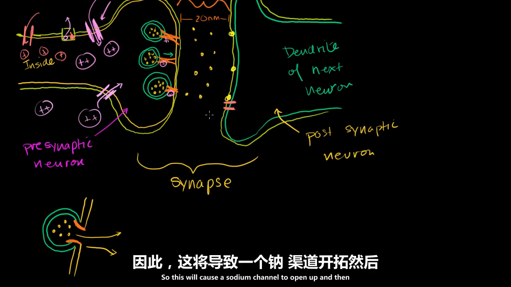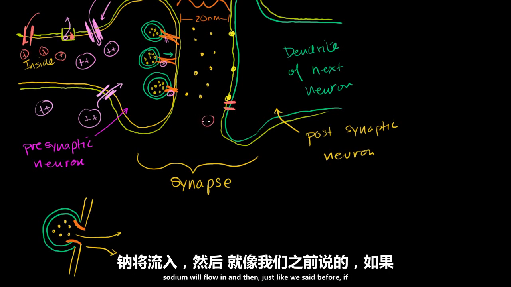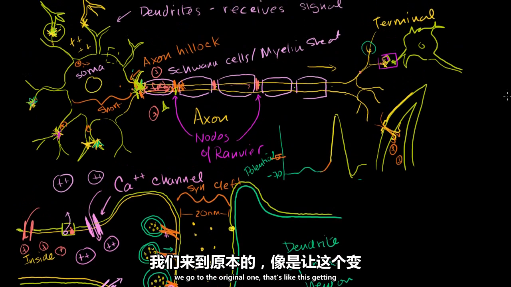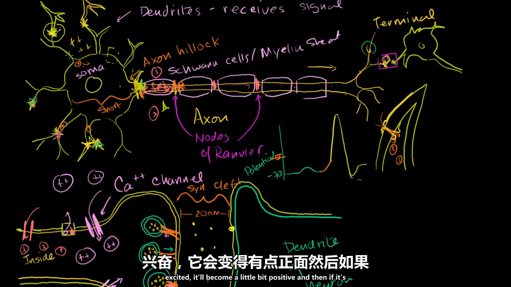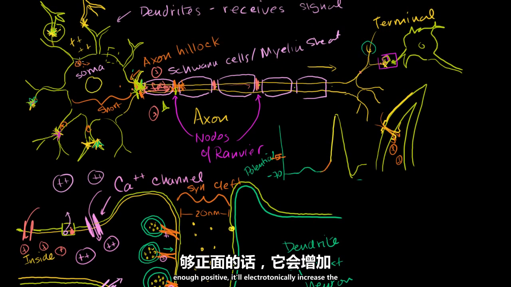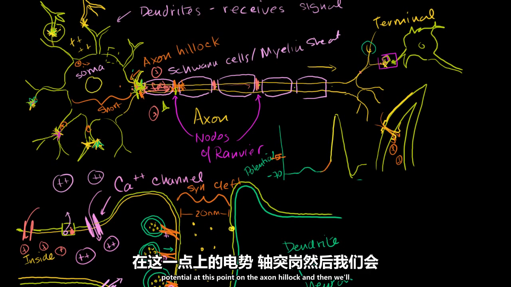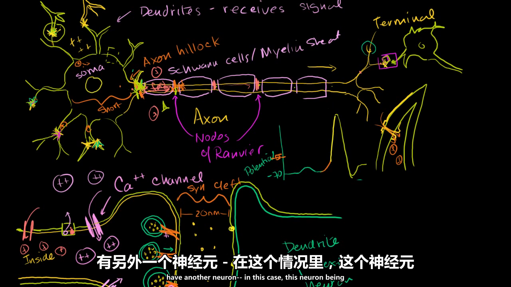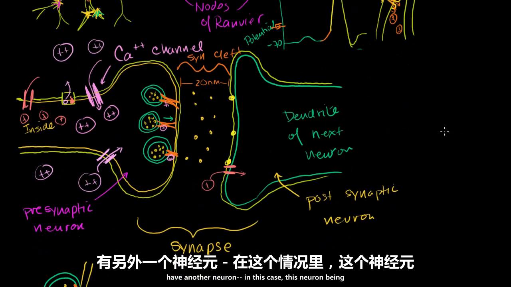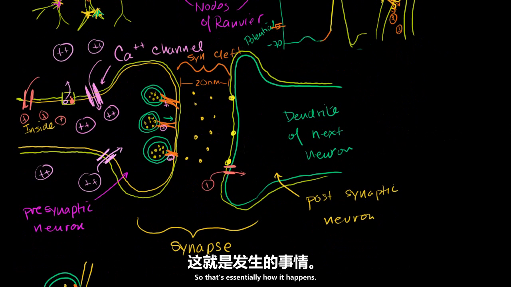This will cause a sodium channel to open up, and then sodium will flow in. And then just like we said before, if we go to the original one, this getting excited will become a little bit positive, and if it's positive enough, it'll electrotonically increase the potential at this point on the axon hillock, and then we'll have another neuron, in this case this neuron, being stimulated. So that's essentially how it happens.